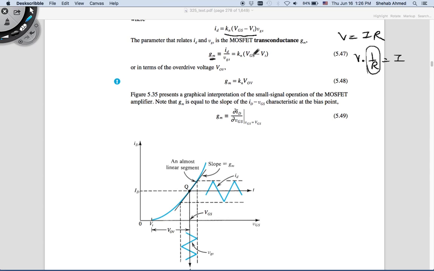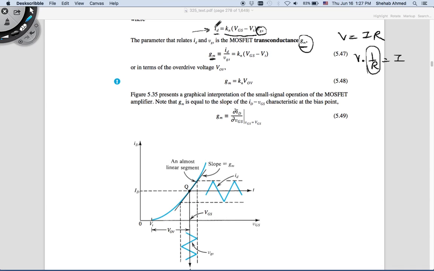This is called the MOSFET transconductance. It's basically my current gain between my gate to source voltage and my drain current. I will put in a certain small signal gate to source voltage, multiply that by my gain, and then I will get my corresponding small signal current.